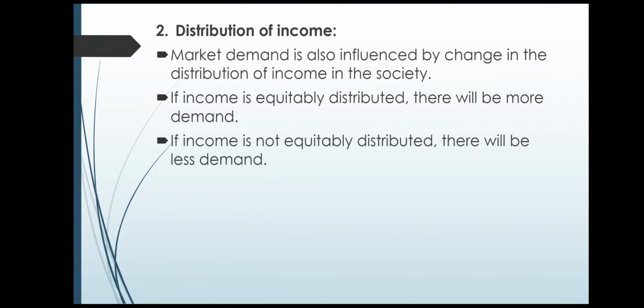So distribution of income is also very important. If there are few number of very rich people, they will not be demanding more of a particular product. But if the income is equitably distributed, it will lead to more demand.